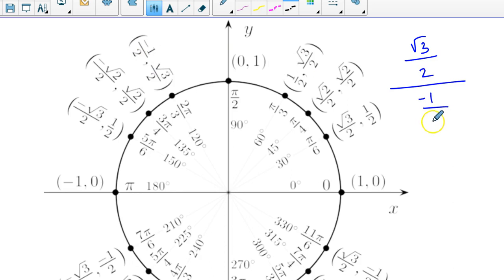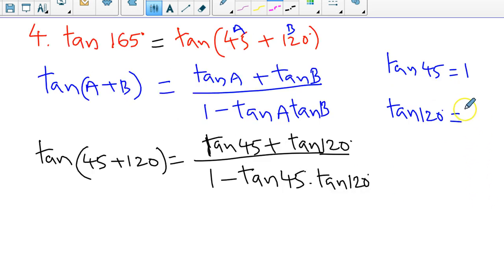So negative 1/2. Now the numerator's denominator and the denominator's denominator are the same numbers. Hence you can cancel them off, leaving behind root 3 over negative 1, which can be changed to negative square root of 3. Division by 1 is the same thing. So the value of tangent 120 is negative square root of 3.